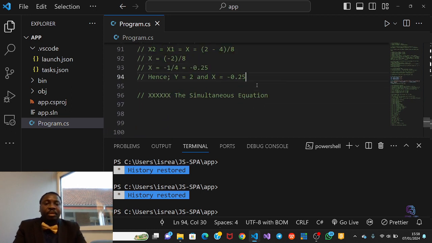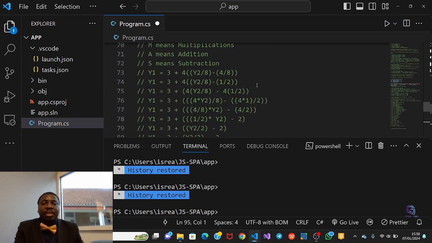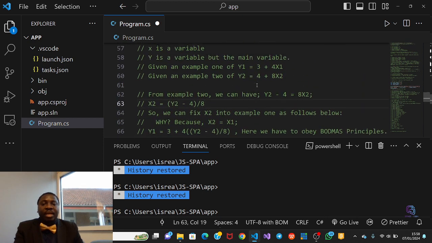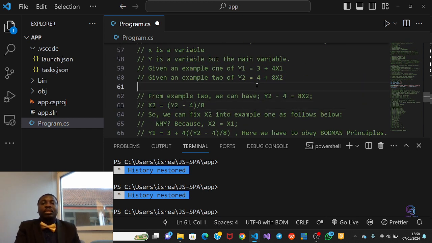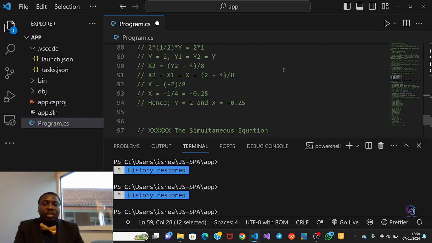So I can now perform the calculation with the first formula to get the formula for y. Just put into simultaneous equation, I should be able to get the formula for y. And to test it, is it right? So that will be 3 plus 4x1. Oh, sorry, Ctrl Z, 3 plus 4x1. So y1 is 3 plus 4x1.